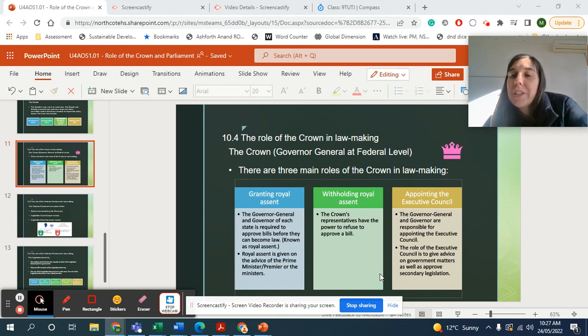So once the legislation has been signed off, how do you go about administering it to other bodies, and how can they go about enforcing it? That is the role of the Executive Council, to provide knowledge and information on that. So those are the three main roles of the Crown in lawmaking. And it's basically the same in Victoria as well.